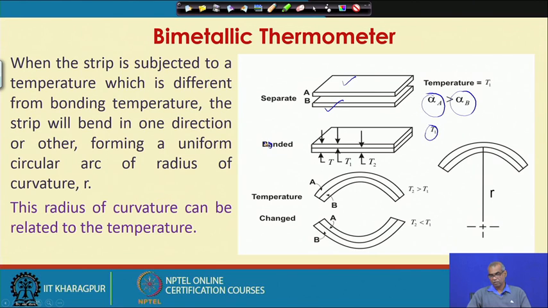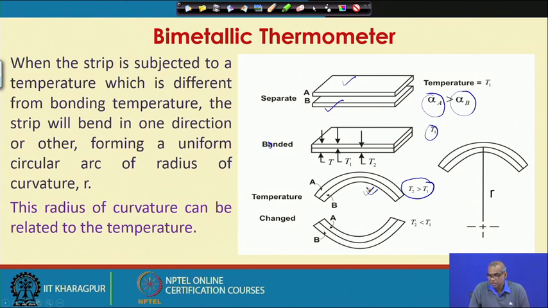So, if I take it to a temperature which is higher than the bonding temperature, the bimetallic strip will form a circular arc like this.